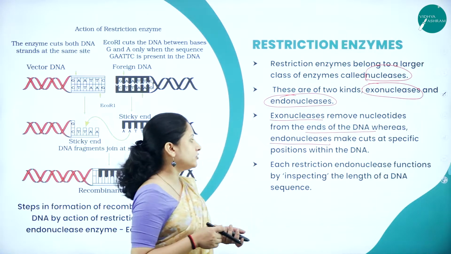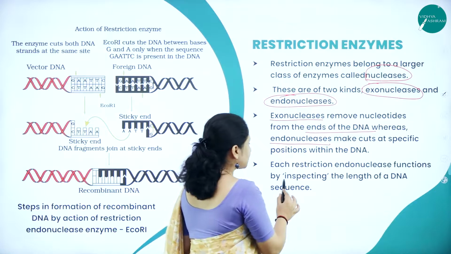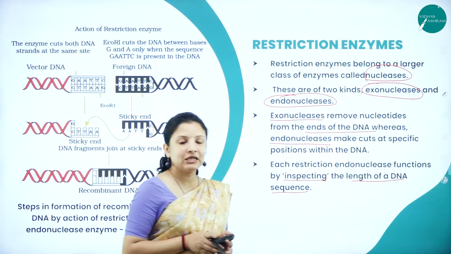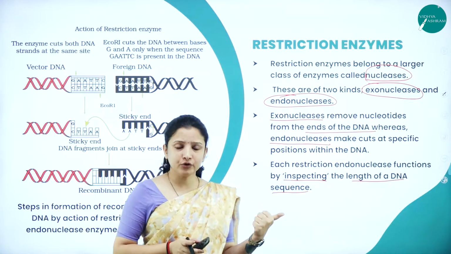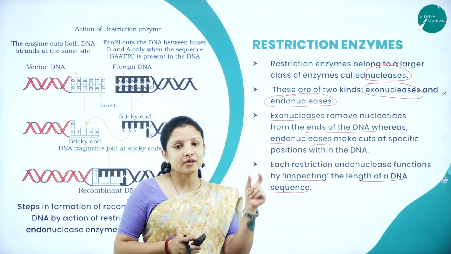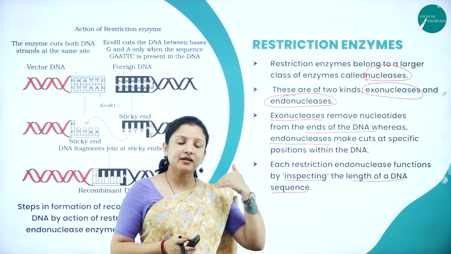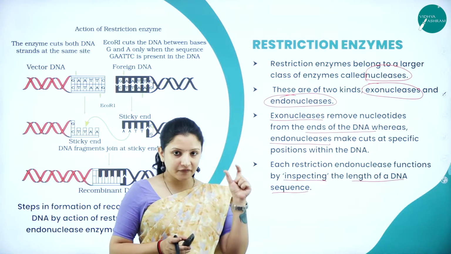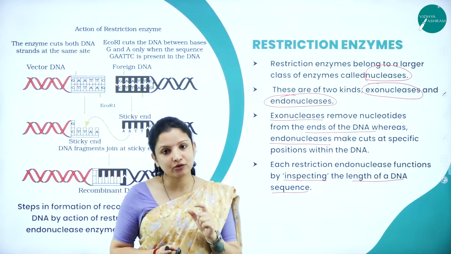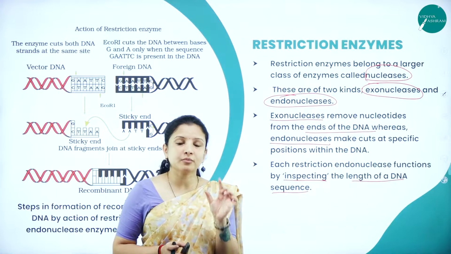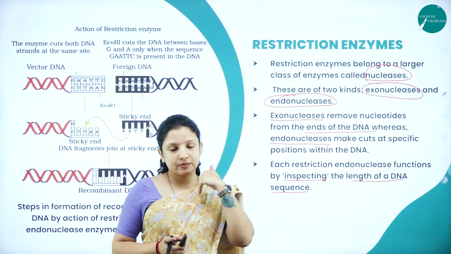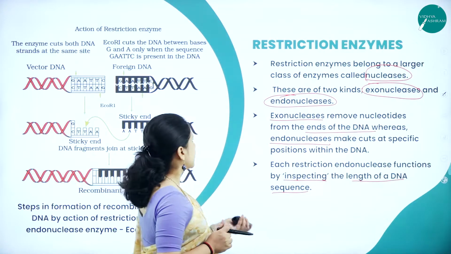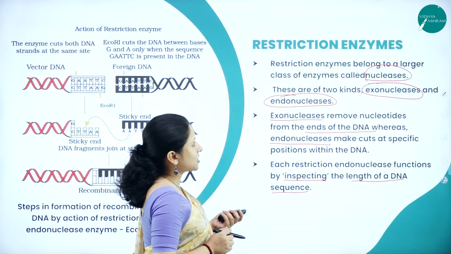Each restriction endonuclease functions by inspecting the length of the DNA sequence. That is true, right? Because we learned that HindII cuts how many base pairs? Only 6 base pairs. Like that, there are different restriction endonucleases capable of cutting DNA of specific length only. Based on how much length you want, you need to use that particular restriction enzyme to cut that particular DNA strand.